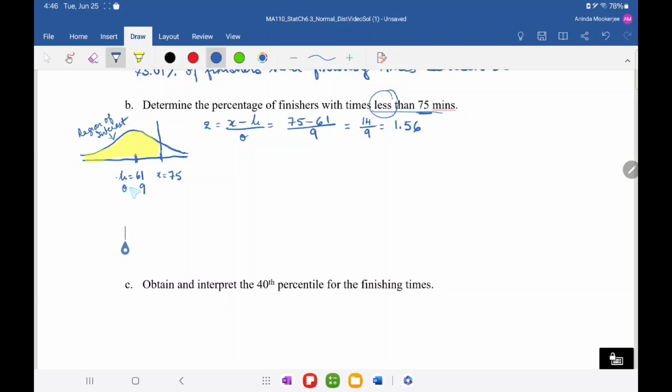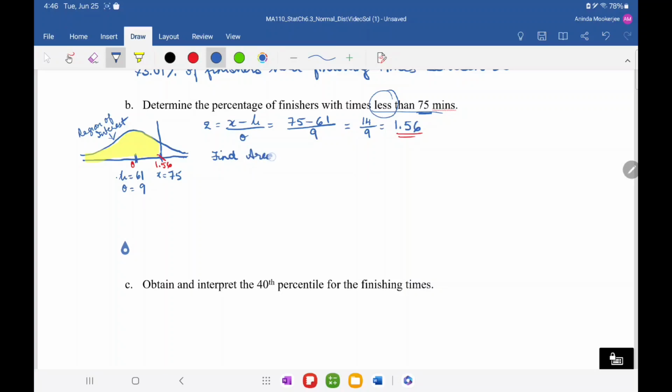So now I'm going to write my Z values on the same curve, to optimize the space, so to speak. So 0 is the Z value, and the corresponding Z value for 75 is 1.56, what we found here, right?